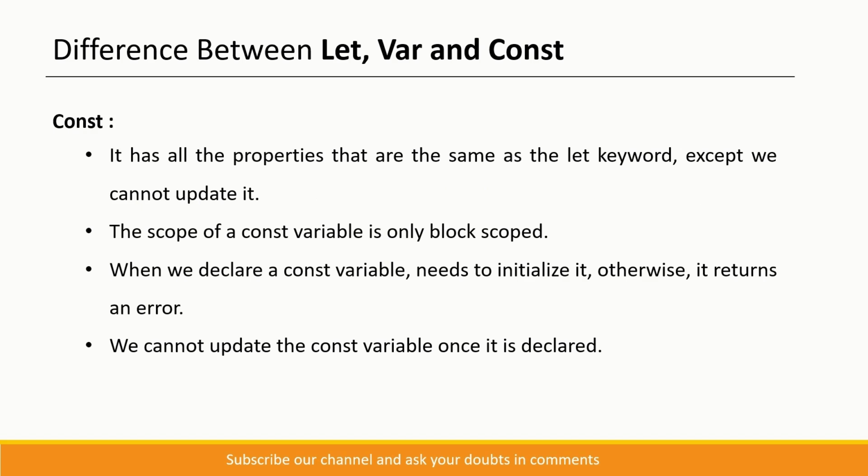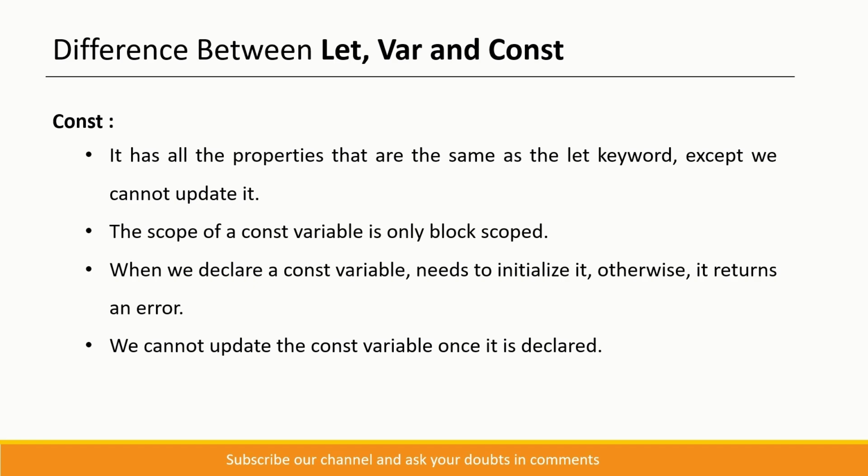Next, the const keyword. Const has all the properties that are the same as we discussed before for let and var keywords, except we cannot update it. It means once we declare that variable, we can't change the value in a particular scope.